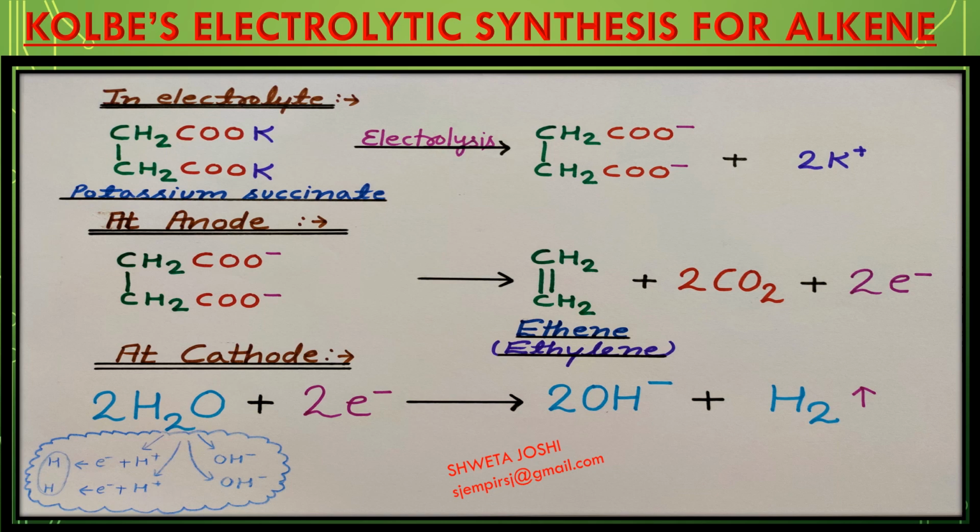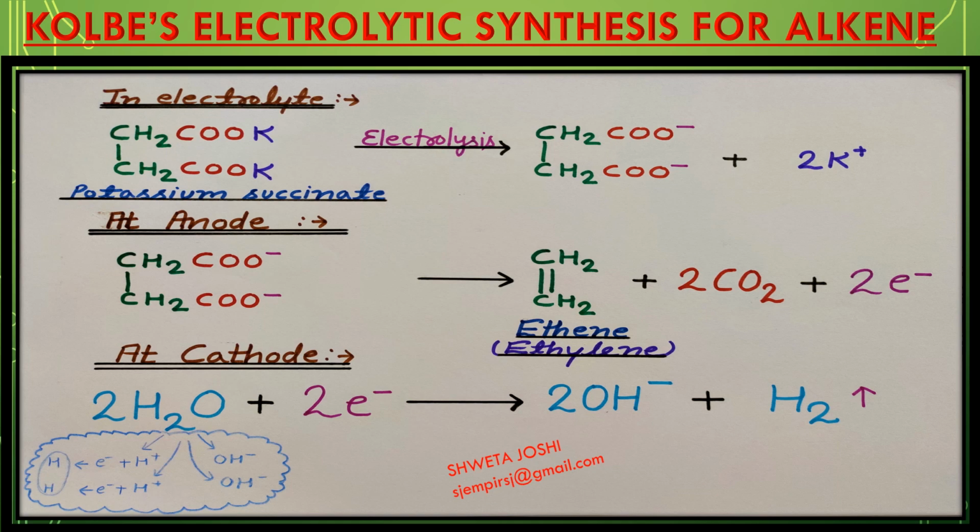Upon electrolysis, potassium succinate will give CH2COO-, CH2COO- 1 mole and 2 moles of K+ ions. Then covering reaction at anode, this 1 mole of -OOC-CH2-CH2-COO- will lose 2 electrons and 2 moles of CO2, and ultimately CH2 will combine with double bond forming ethene.